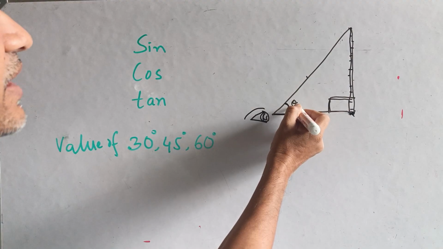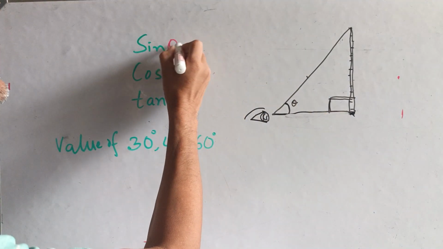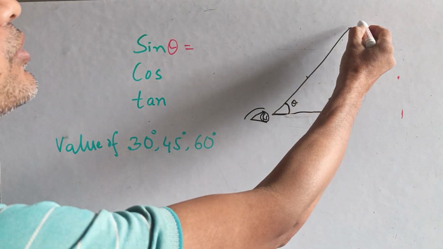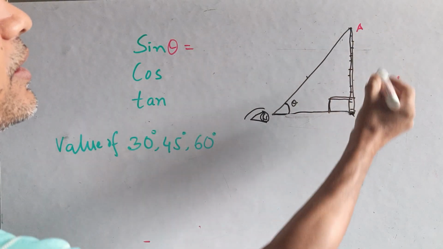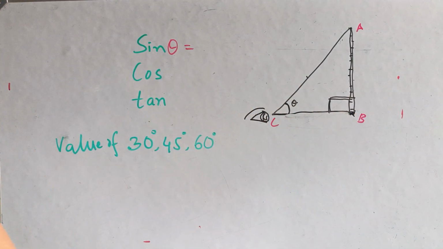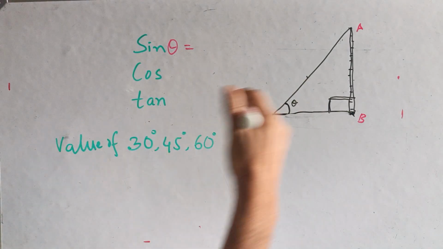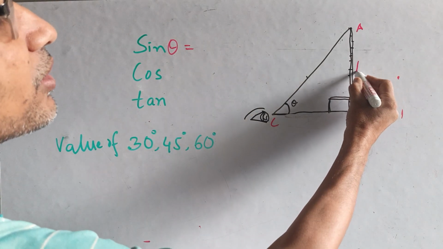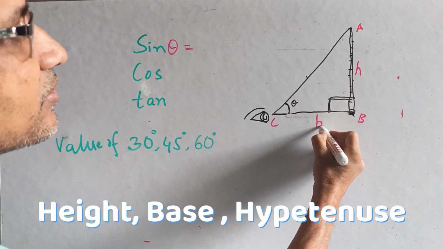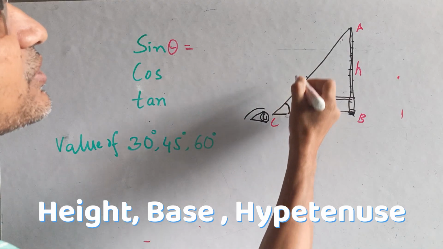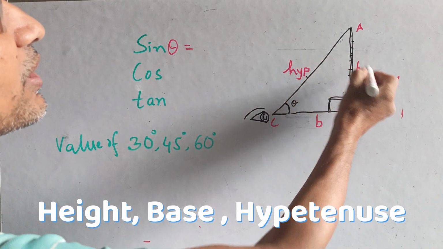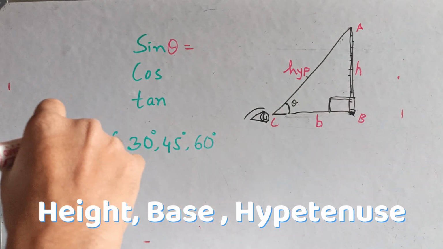Now say this is A, this is B, and this is C, to indicate it easily. So AB is the height here, you can write h, this is the base, and this is the hypotenuse, which I write as HYP because one H is already there.